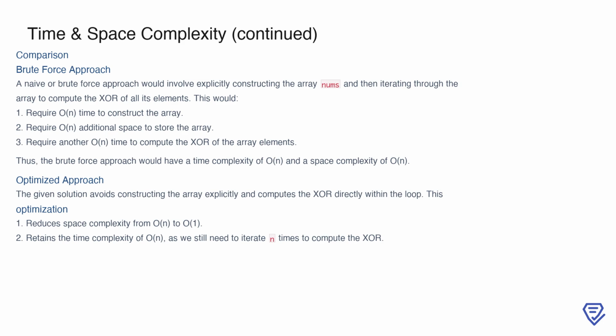In contrast, the optimized solution avoids constructing the array entirely. Instead, it computes the XOR directly within the loop, which reduces the space complexity from O(n) to O(1), while retaining the O(n) time complexity for the loop iterations. This optimization demonstrates how avoiding unnecessary data structures can lead to significant improvements in memory efficiency.